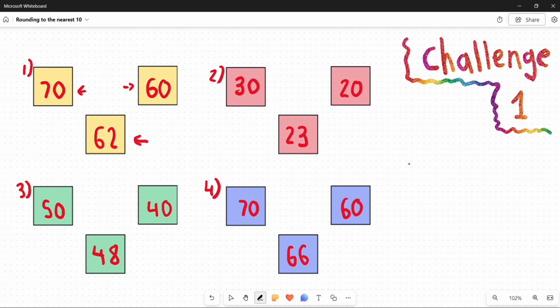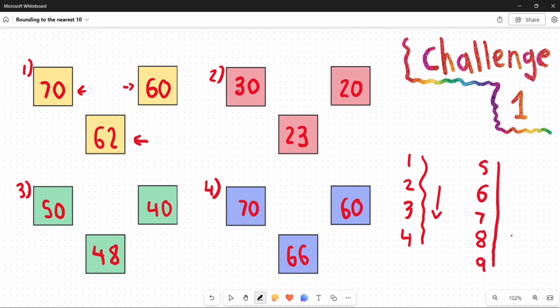Remember, when you see the numbers 1, 2, 3, and 4, then you round down. But when you see the numbers 5, 6, 7, 8, and 9, that is when you round up.